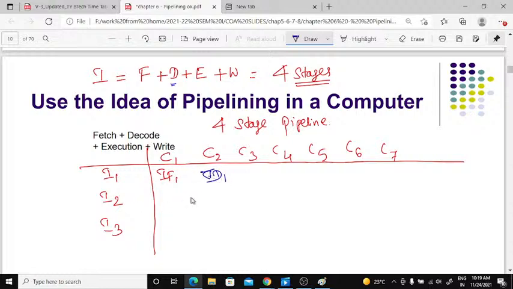At the same time, the second instruction is in the fetch stage. IF2 means instruction fetch of the second instruction.